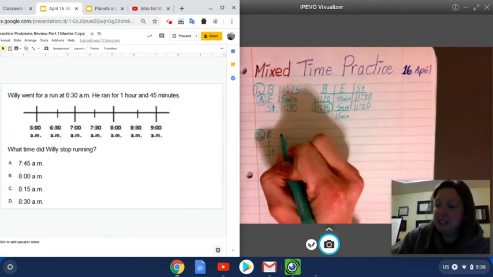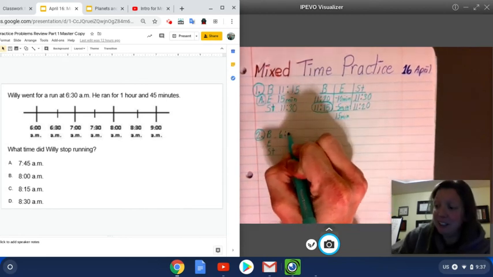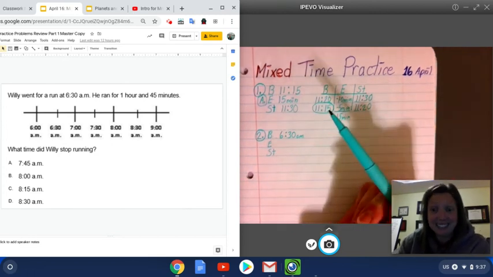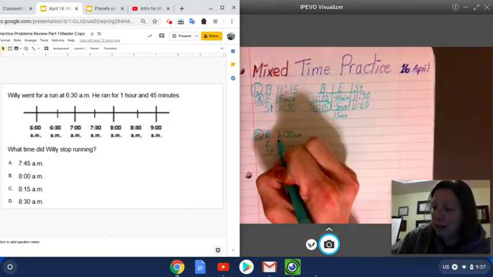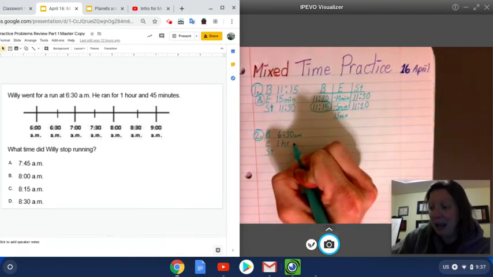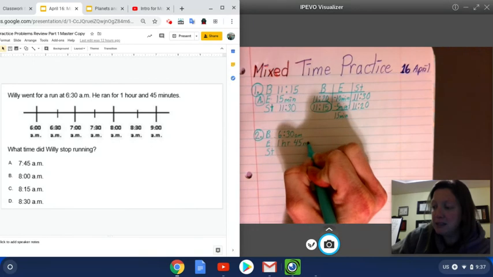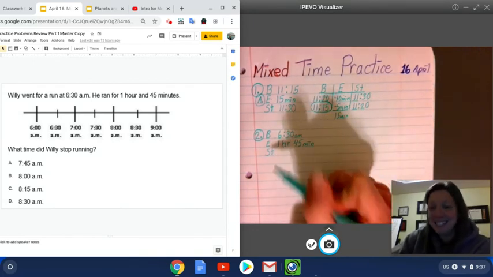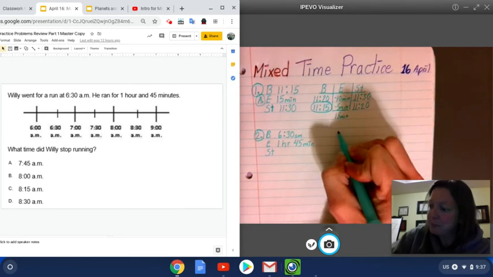He went for a run at 6:30. So we said that 6:30 must be our beginning time because he left then. And remember, elapsed time is written as hours and minutes. So he ran for 1 hour, 45 minutes. And I want to find out what time did he stop running.